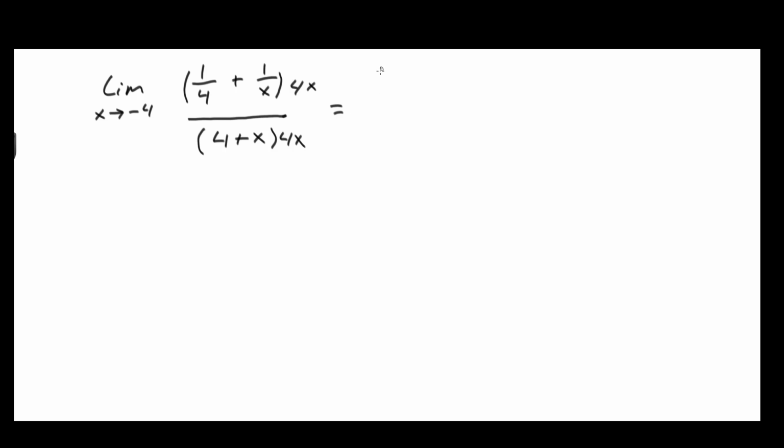And what that turns into, if we just multiply straight across the top here, we'll have 4x over 4 plus 4x over x, all divided by (4 + x) times 4x. Once again, we're not going to distribute this right now. So these 4's cancel, and this x cancels.